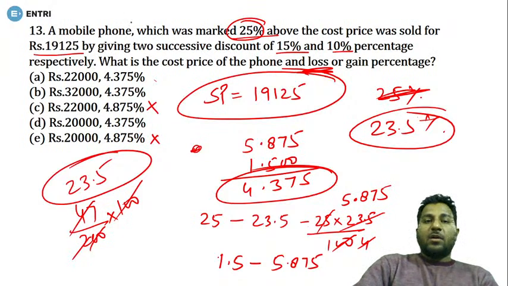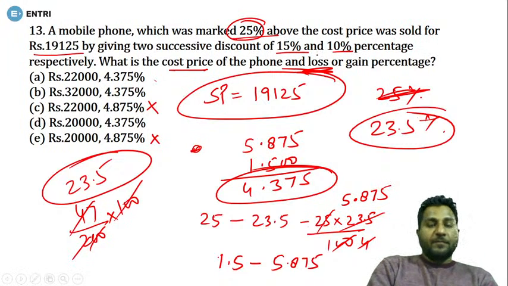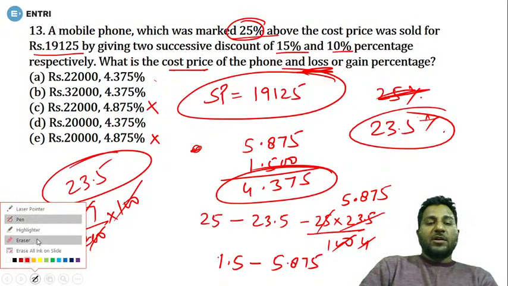So let's find out what is the cost price. So how are you going to do that? Yes, it could be answer D. Yes, answer D is the correct one. But before that, you need to find the cost price as well.